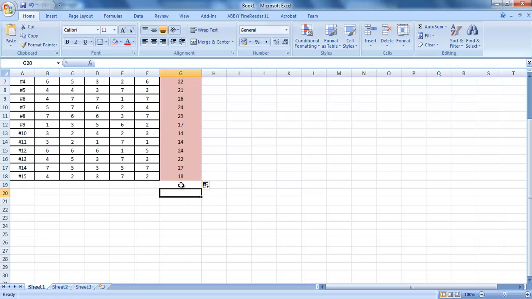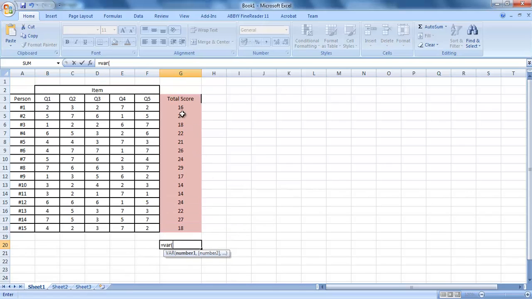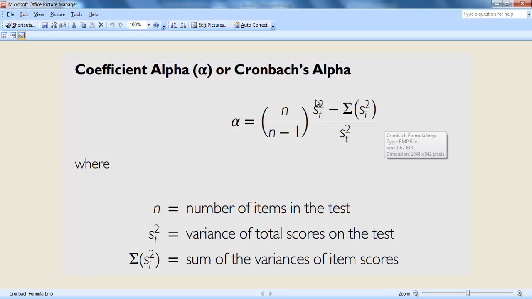So this is equal to the sample variance of the total scores. So 22.209, in our formula, that is our S sub t squared.